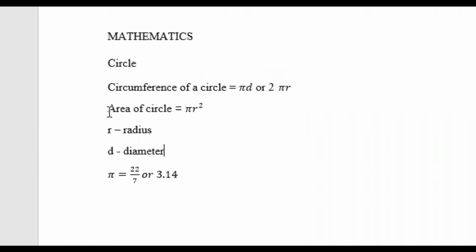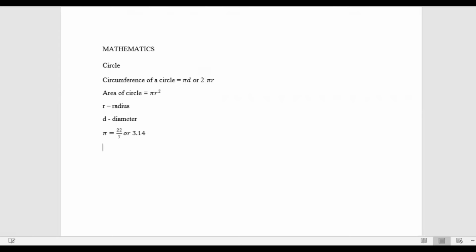If they give you the diameter and ask you to find the area of the circle, you would need to find the radius, and you should know half of the diameter is the radius. Note that sometimes you will see 3.142 instead of 3.14. It's the same thing. If you divide 22 upon 7, you get a recurring decimal, meaning there's no end. It will keep going on and on.